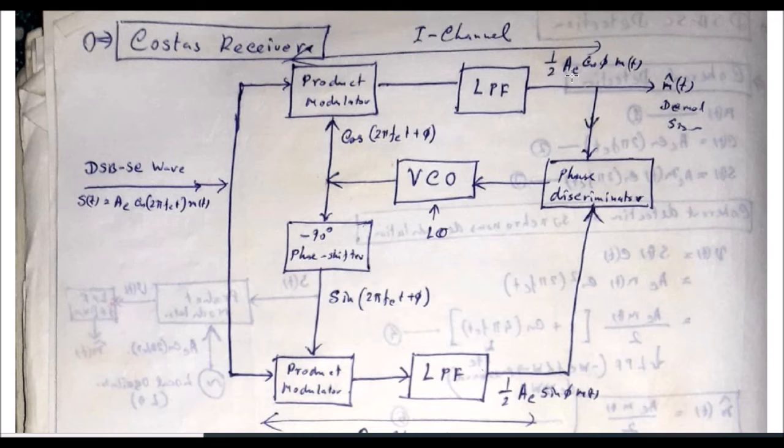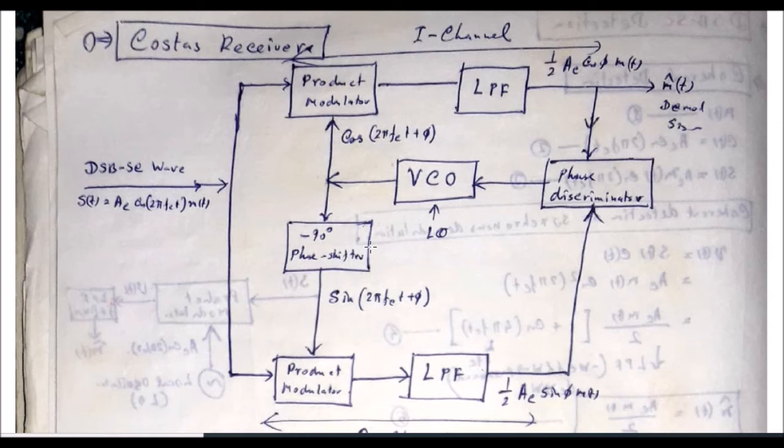See that it is half Ac m(t) multiplied by cos phi. Cos phi is that phase error, and phi is varying with time. Again, come to the lower side. See that the same locally generated carrier, which is cos 2 pi fc t, is now given a 90-degree phase shift.